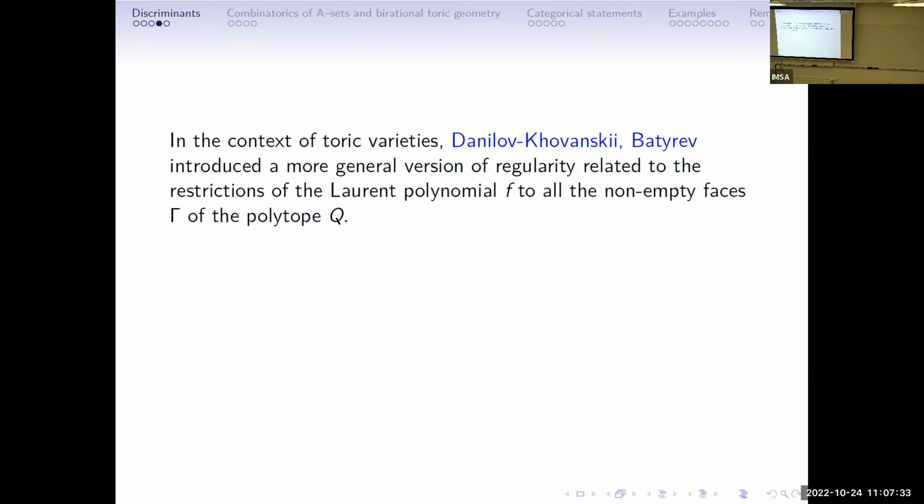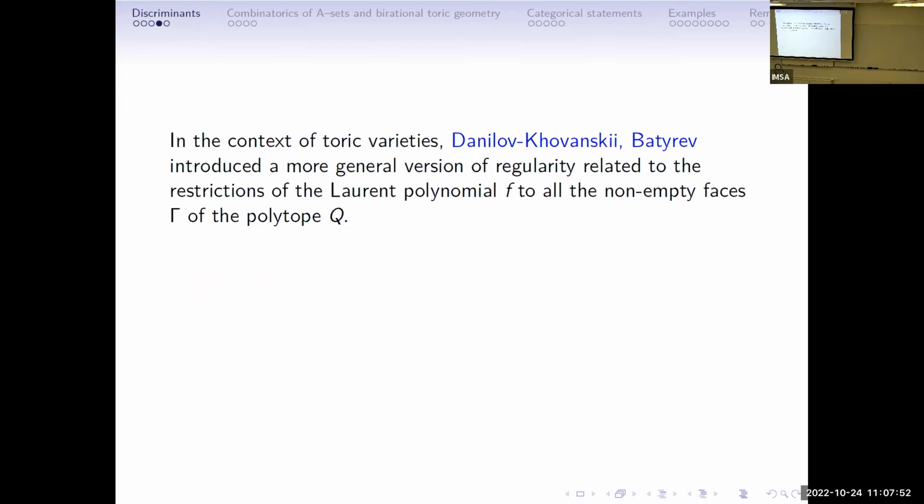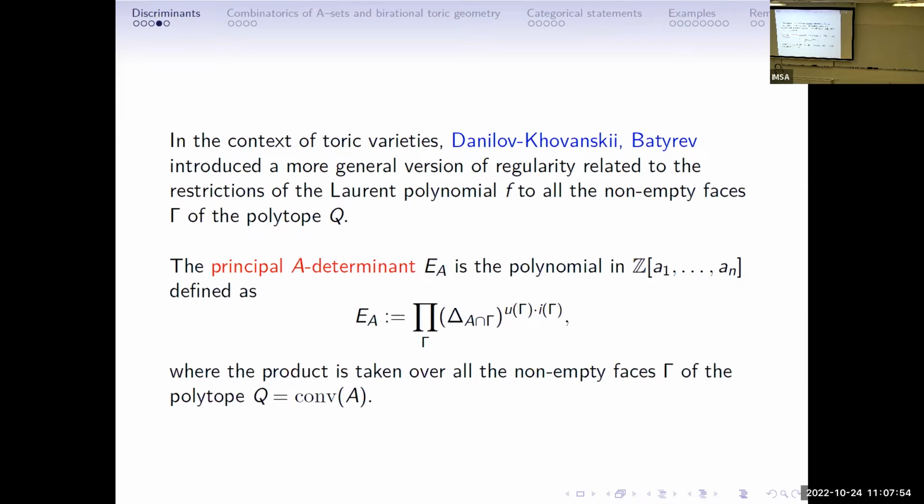Namely, instead of just looking at the Laurent polynomial defined by all the lattice points in the polytope, we can also look at the Laurent polynomial defined by the restriction to the non-empty faces. For each of those, you can define one of these classical discriminants, delta.